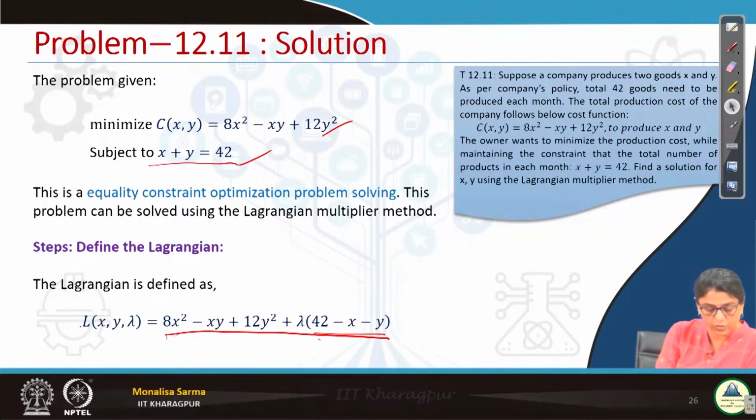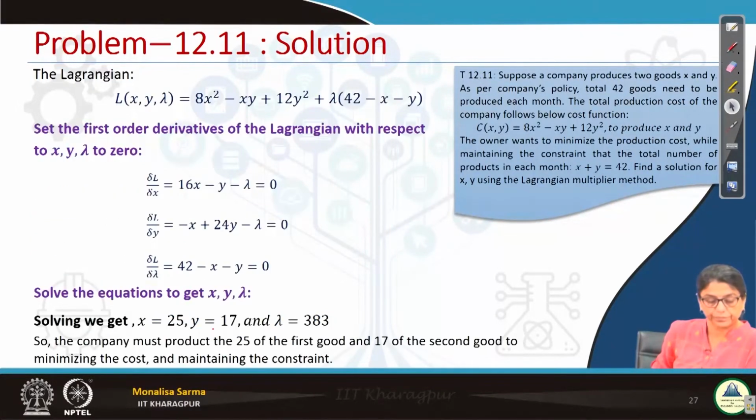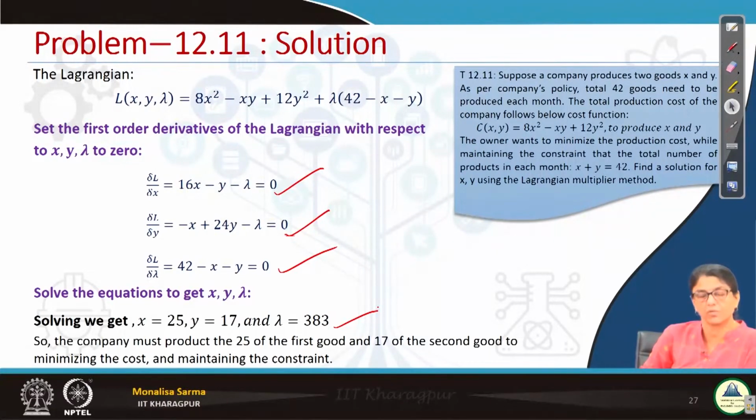So I will differentiate L with respect to x, with respect to y, and with respect to lambda. With respect to x I got this, with respect to y I got this, with respect to lambda I got this. Then I solved these three expressions and found the value for x. This is a very simple equation, so I could easily solve it, but for a more complex equation I would have to use some numerical techniques.